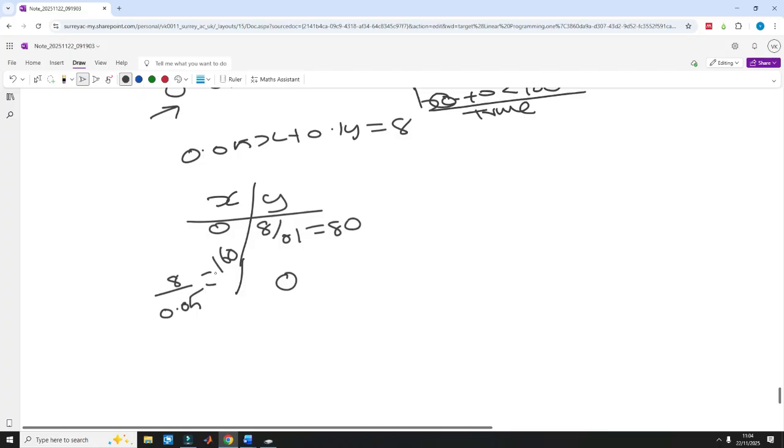I hope this is correct. So when y is equal to 0, x should be equal to 8 by 0.05, that should be equal to 160. I think that makes sense.